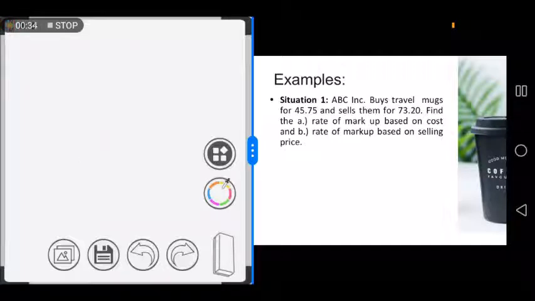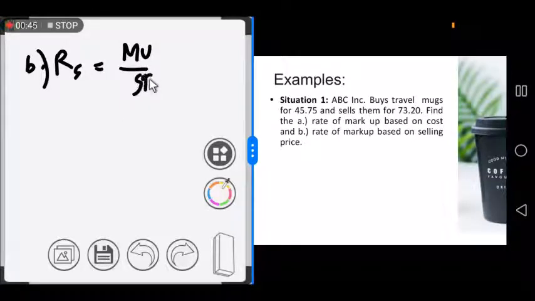Now, let us proceed with the next one. We have B, the rate of markup based on selling price. The formula is markup divided by the selling price, right? Okay, so substituting our values, we have 27.45 divided by our selling price, which is 73.20.